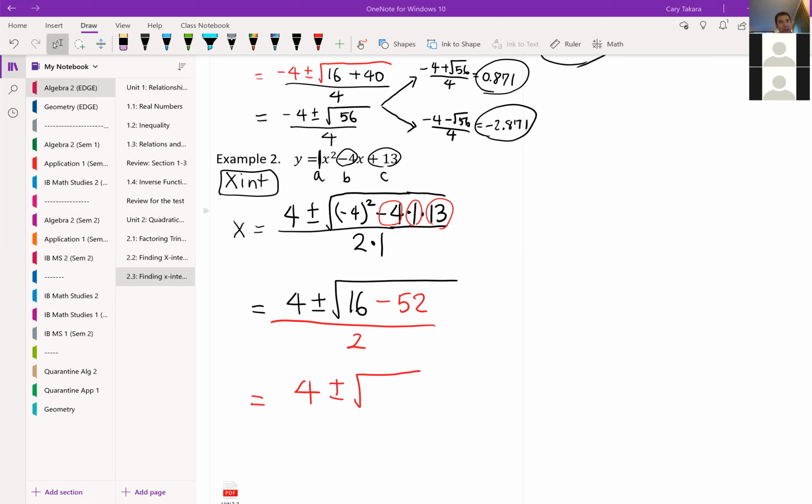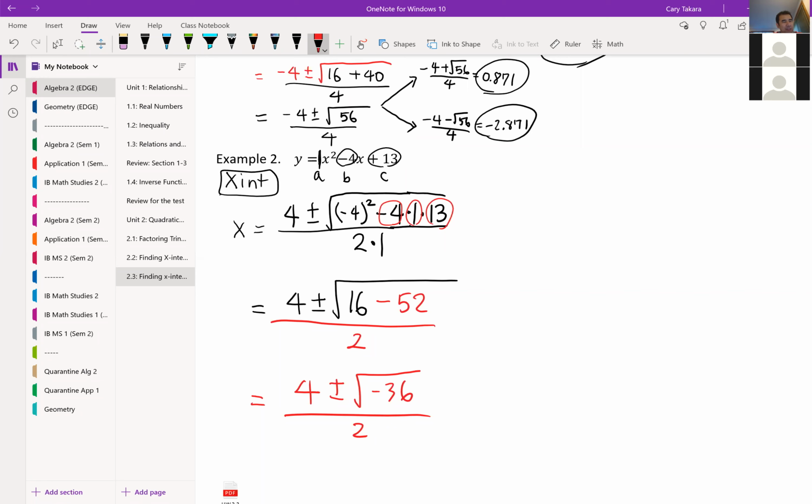So now what happens if you do 16 minus 52? Okay, again, 16 minus 52. I get negative 36 over 2. Now we need to stop because we don't want to do anything else at this point.